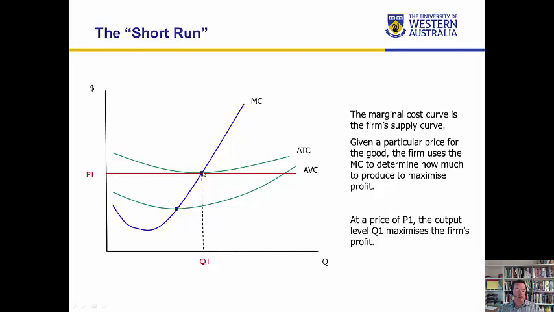In terms of this diagram, P1Q1 is very often called the break-even point, but it's so important to remember that when a company is just breaking even and covering all of its costs, it is still making accounting profit. It's just that its economic profit is zero. So that's an important distinction.